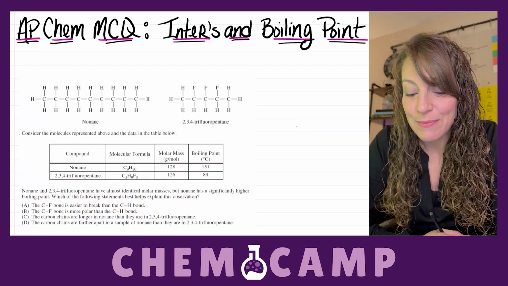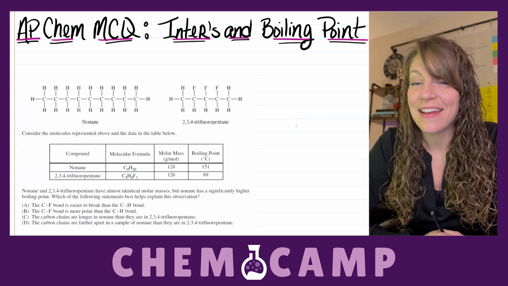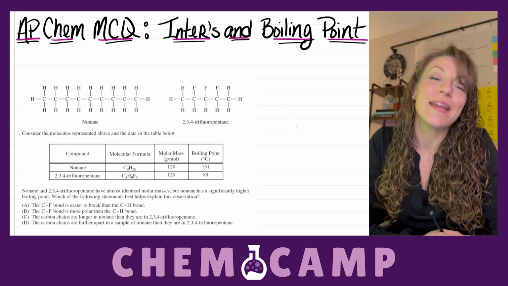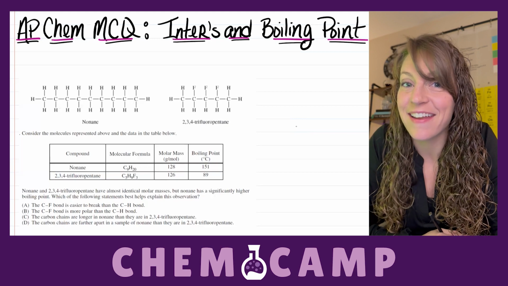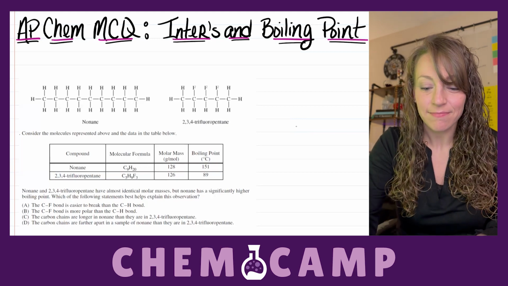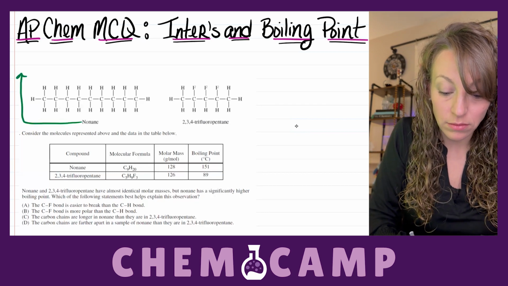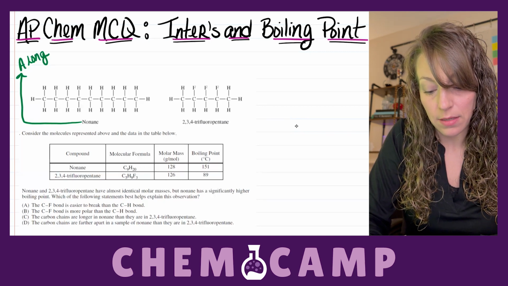The very first molecule they give us is what's called nonane. Now, nonane is an organic molecule, meaning it is mainly made up of carbon atoms. In fact, here it's made up of 9 carbon atoms, hence the prefix non. So quite honestly, this molecule is a rather long chain of carbons.